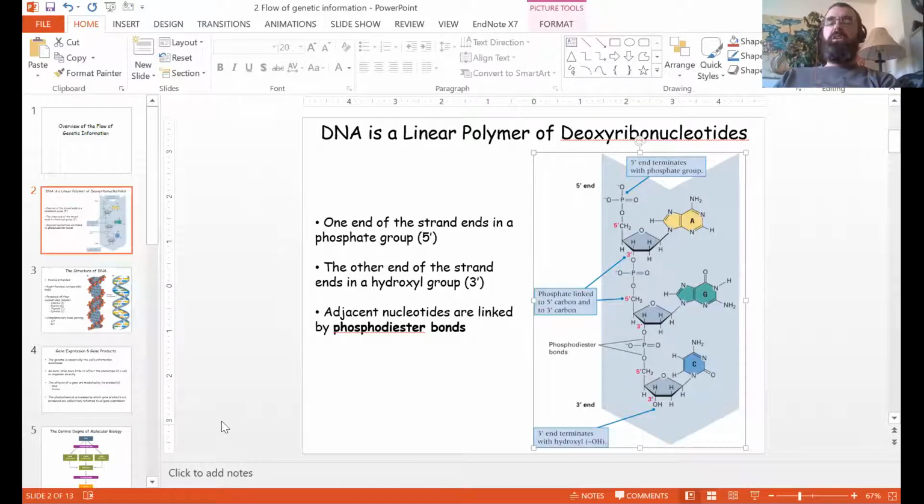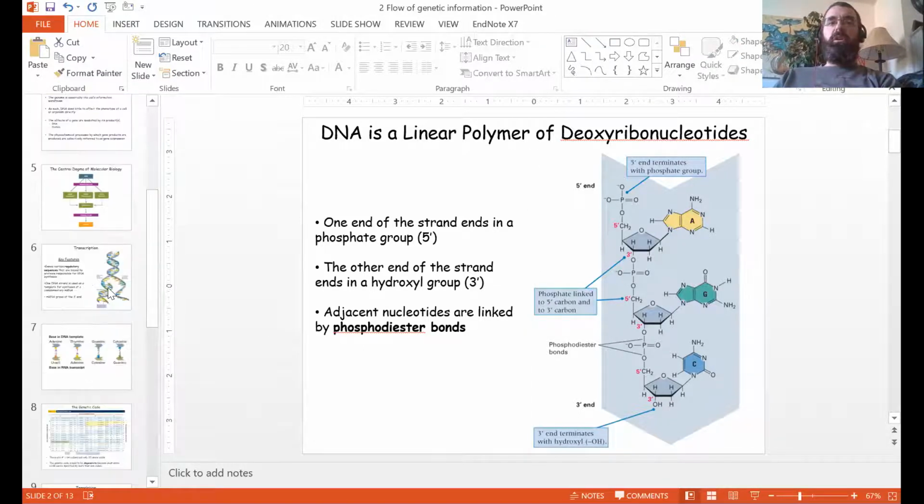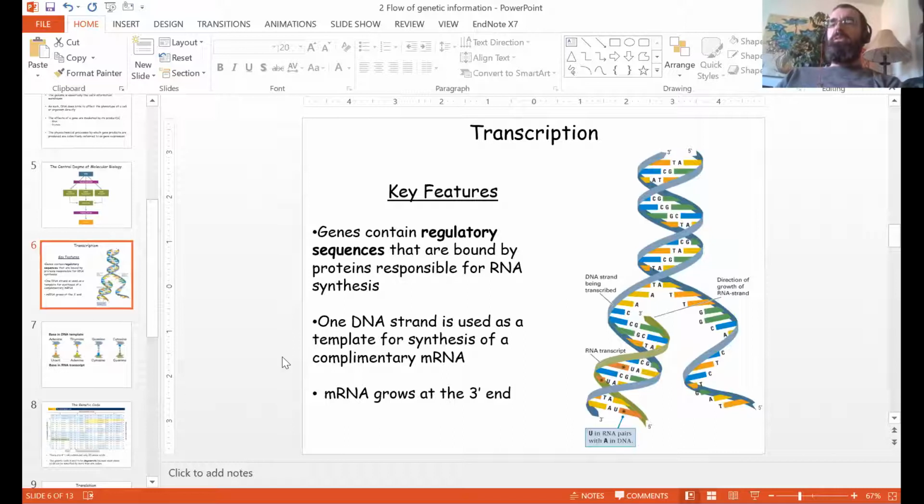So in terms of transcription, you're copying the DNA into a different but related form, which is mRNA. You're not really changing the overall format of the information. The information is more or less largely the same.